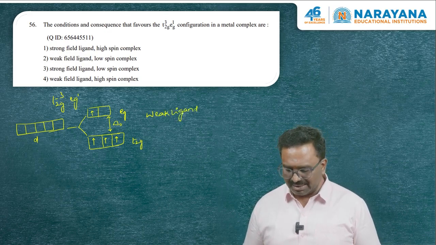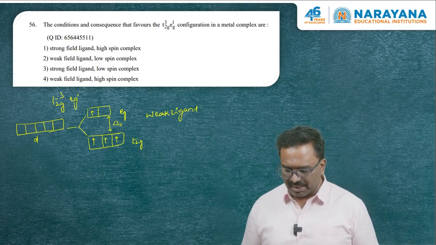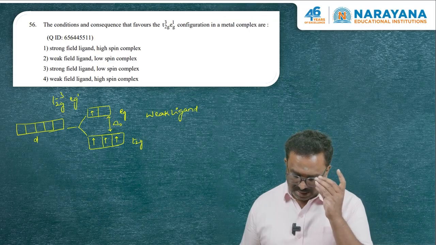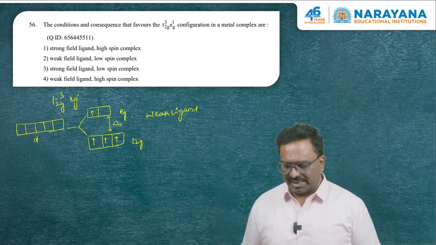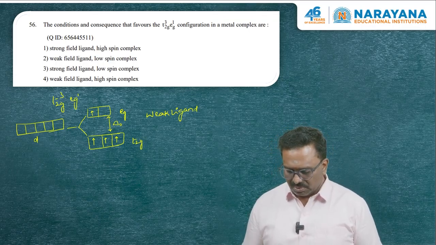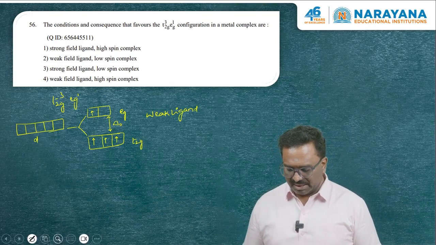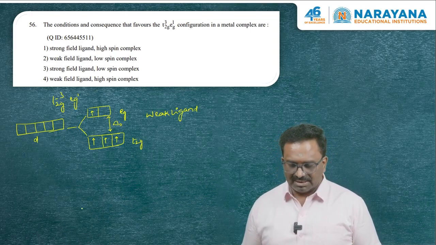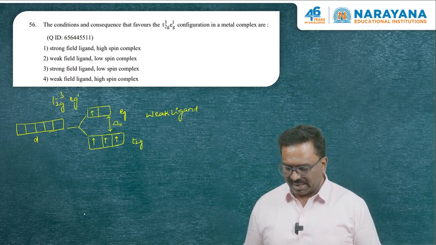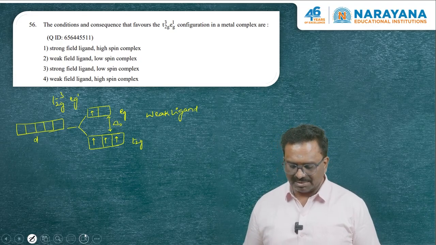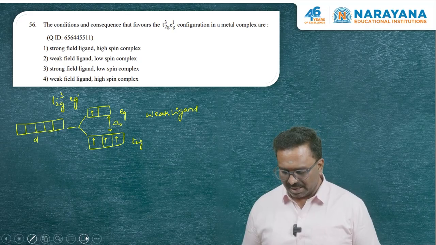Weak field ligands cause less splitting because delta O depends on the strength of the ligand and the oxidation state of the metal ion. So one of the conditions is less splitting energy, because eg receives the electron. Now the weak field ligand condition.